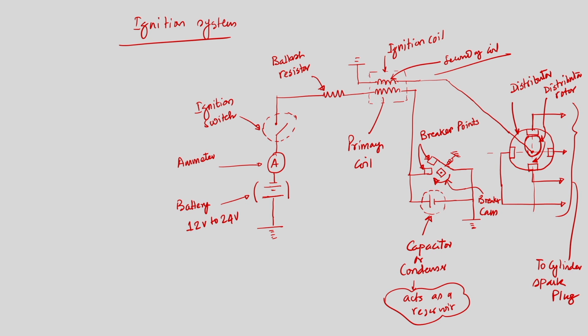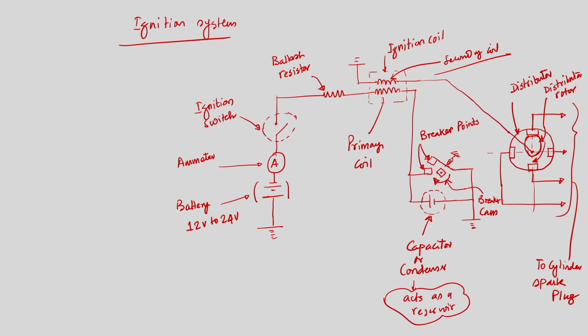Now, what will happen if the cam on the distributor shaft opens the contact point? We have understood that the magnetic flux will be developed. So, when the cam on the distributor shaft opens the contact point, what will happen?